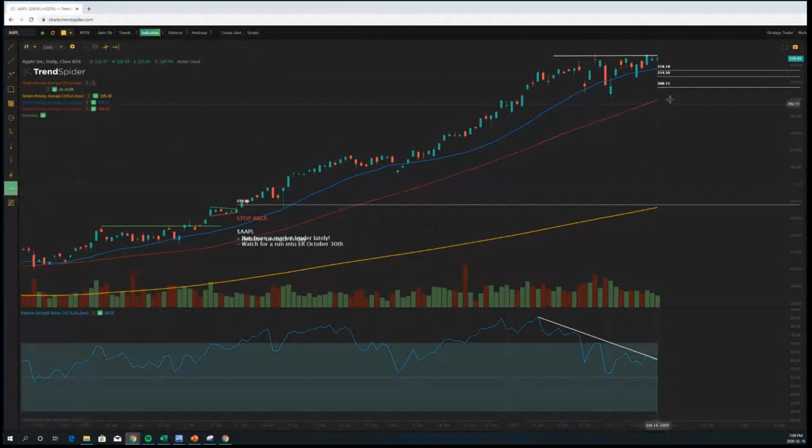With a stock like Apple, if you're going to swing trade it, you just hold it and let your stops do the work. Don't overthink it. If the trade comes to you, get in it, and then just hold the trade and see where it can go.